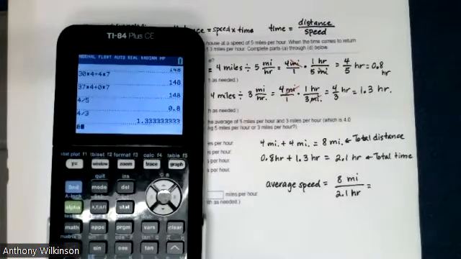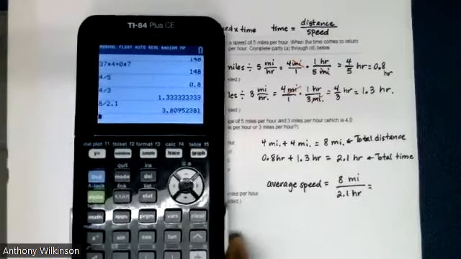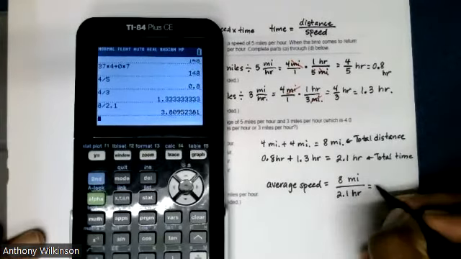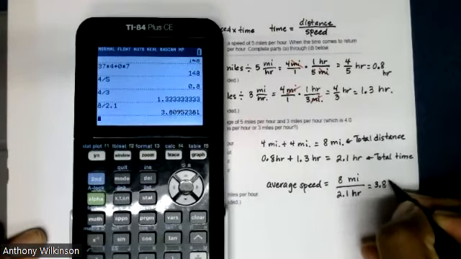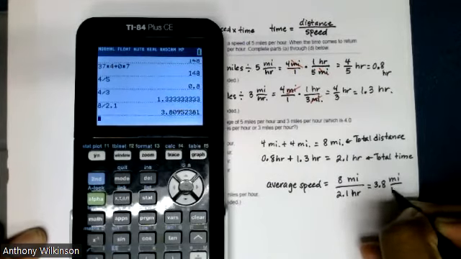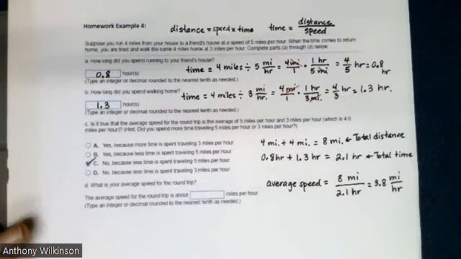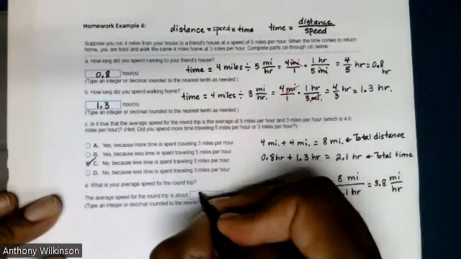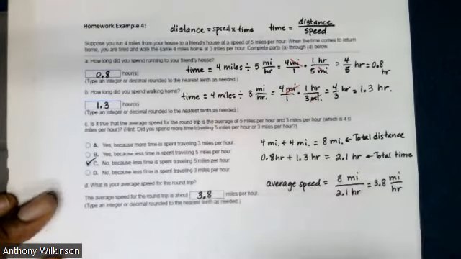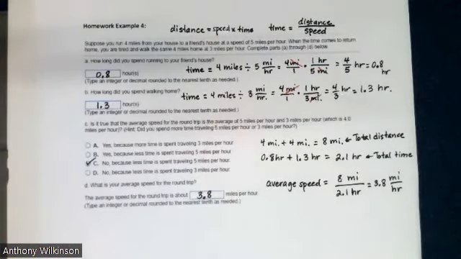So if I do 8 divided by 2.1, I would get approximately, to one decimal place, as they say in the problem, to the nearest tenth, 3.8 miles per hour. So the average speed for the round trip is about 3.8 miles per hour.